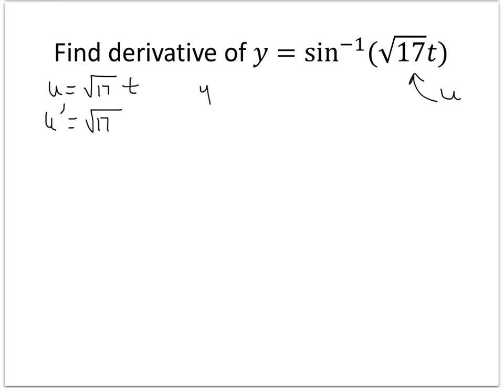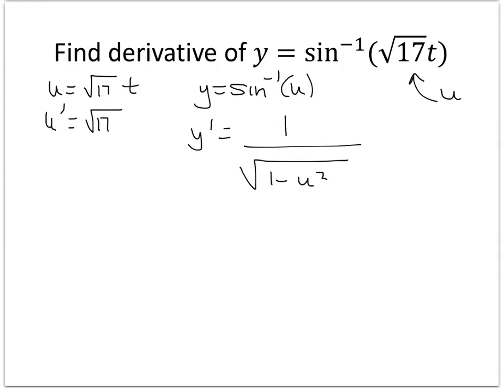Then my y would just equal sine inverse of u, and my y prime, we just found, is 1 over the square root of 1 minus u squared.